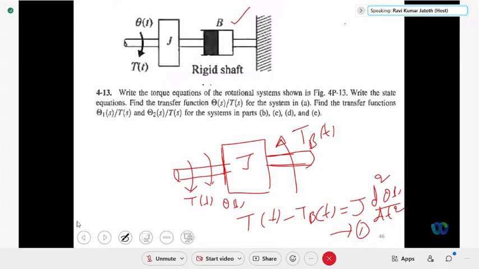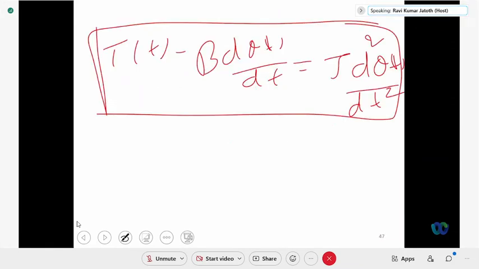So is this fine now? If you want to obtain the transfer function theta(s) by T(s), apply the Laplace transform.